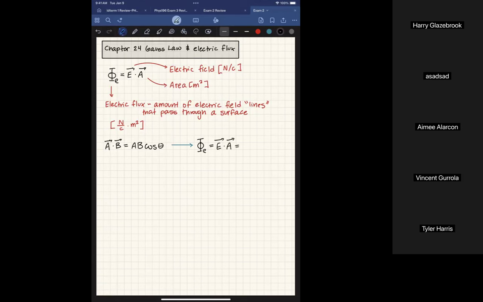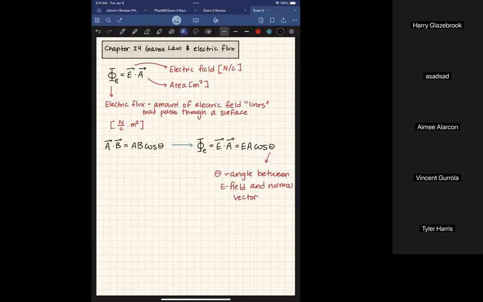That can be rewritten as the magnitude of the electric field times the area of our surface times cosine of theta, where we want to be really particular. This theta is the angle between the E field and our normal vector. All the normal vector is, is the vector pointing perpendicular to the surface we're looking at.